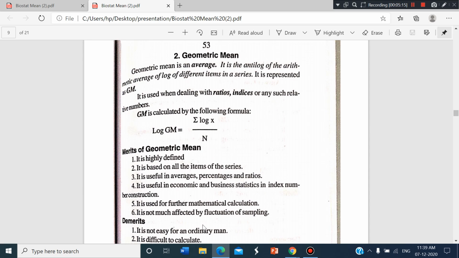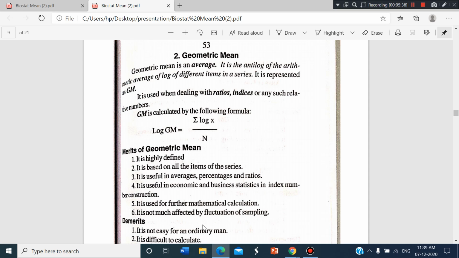Then we can move on to the geometric mean. Geometric mean is also an average, but it is the anti-log of the arithmetic average of the log values. The logs of the different items in a series are taken, and then the anti-log is calculated.